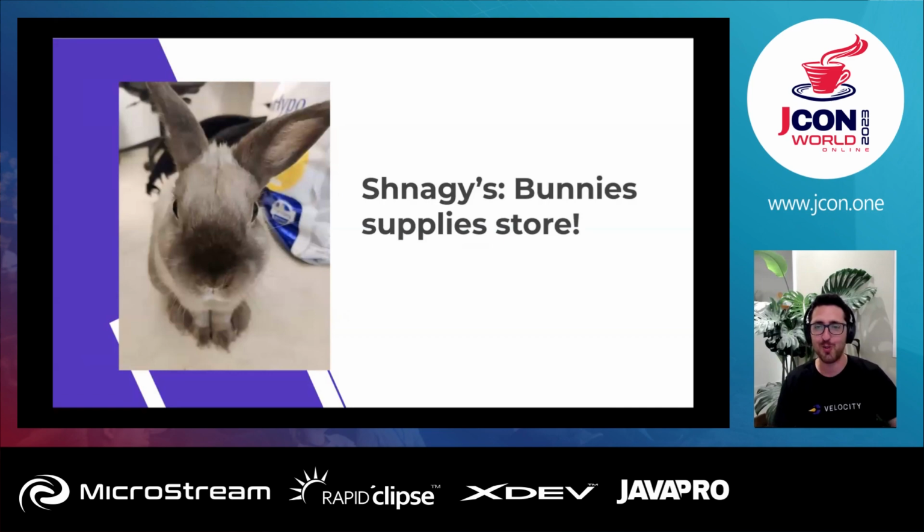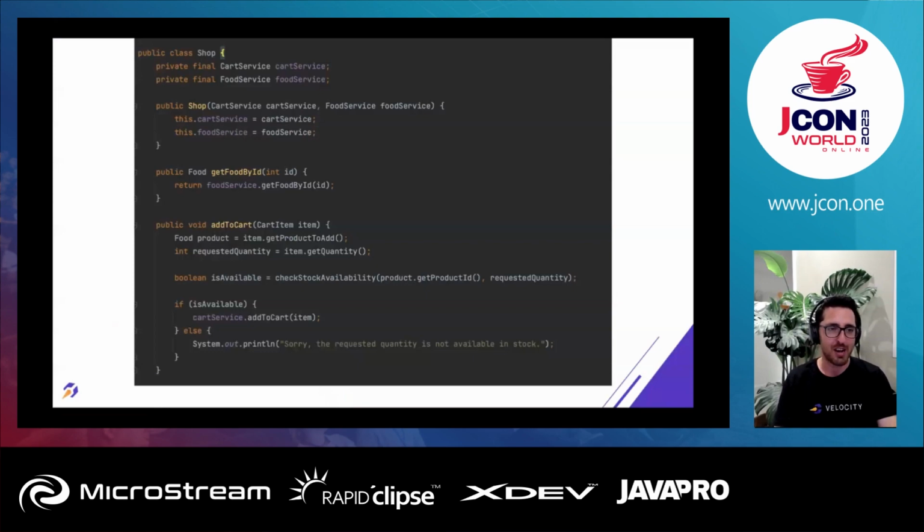We're going to have all the examples based on this shop, and let's dive into a basic implementation of it. We have a class called Shop. It has two dependencies: a cart service that is responsible for buying items and adding them to the cart, and a food service that is responsible for all the food items that we sell.